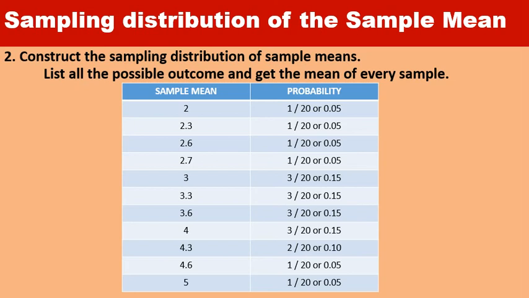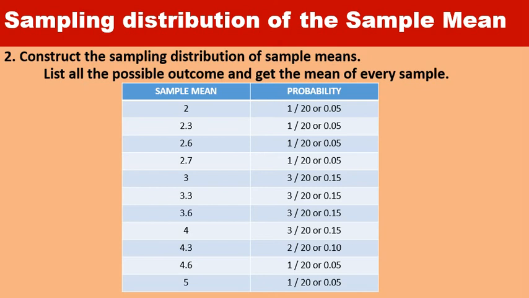Next is 3. How many 3 have appeared in the sample mean? There are 3. So the probability is 3 over 20 or 0.15. Next sample mean is 3.3. How many 3.3 have appeared? There are 3. So the probability is 3 over 20 or 0.15.